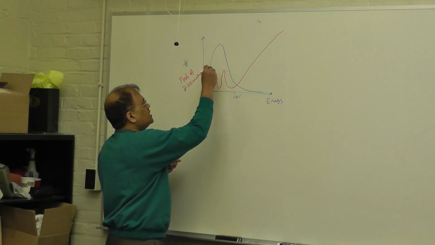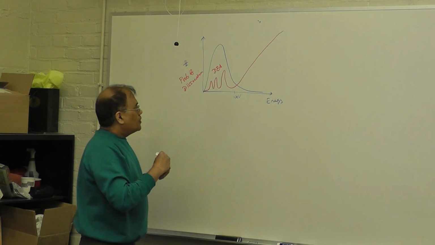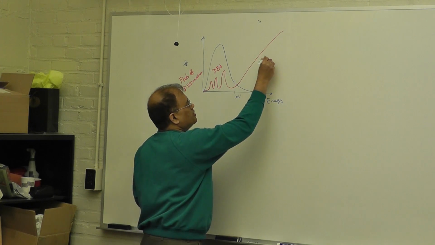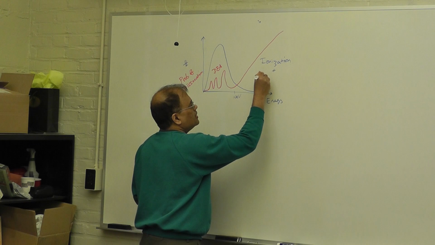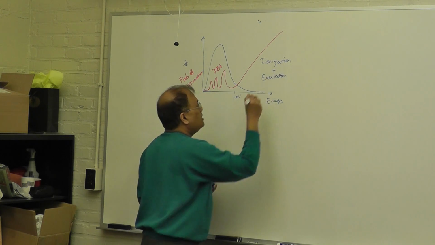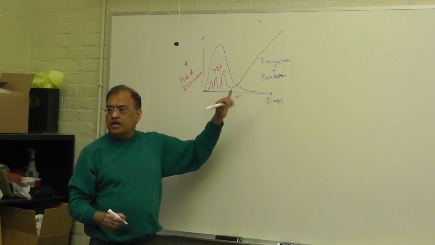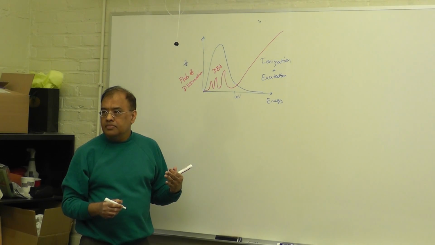So what you see here is dissociative electron attachment. What you see here is ionization plus excitation. Okay, so these are the three mechanisms by which a molecule can fall apart when it interacts with electrons.